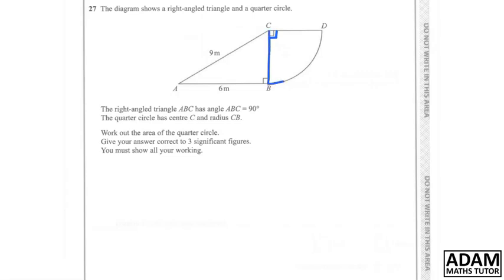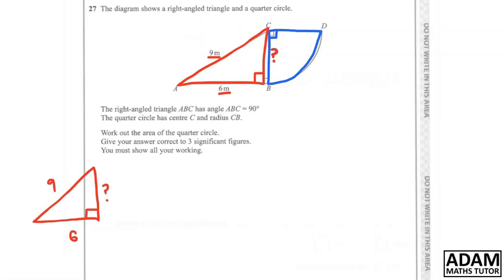To work out the area of this quarter circle, I'm going to need to know what the radius of the quarter circle is. And to do that, I'll be able to use the triangle that's been given to me attached to this side. So this is a right angle triangle, and I've been given the hypotenuse and one of the shorter sides. Find this length here, which is a shared length with the radius of the quarter circle.